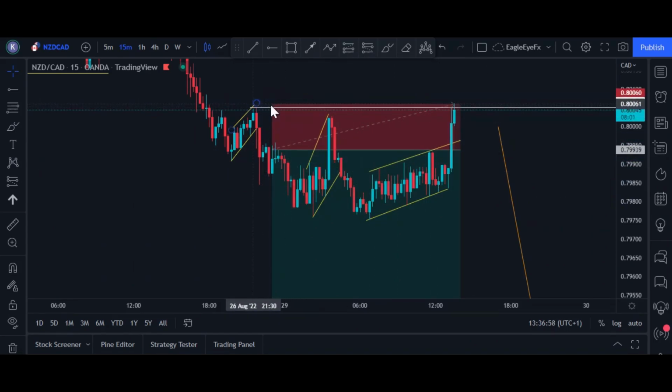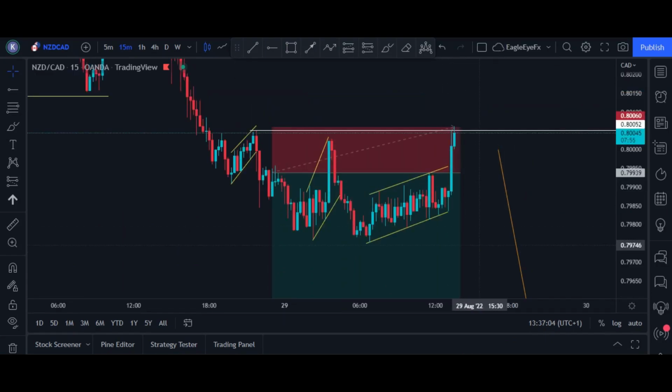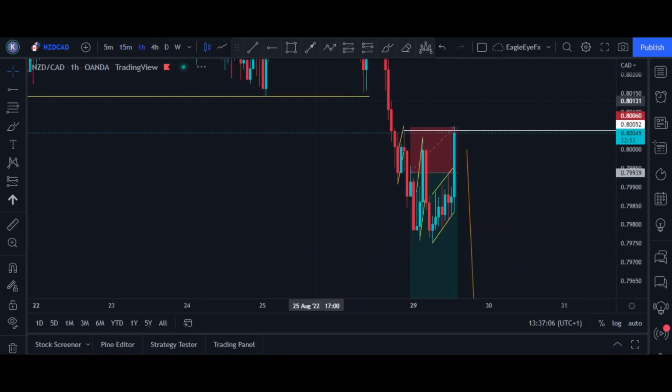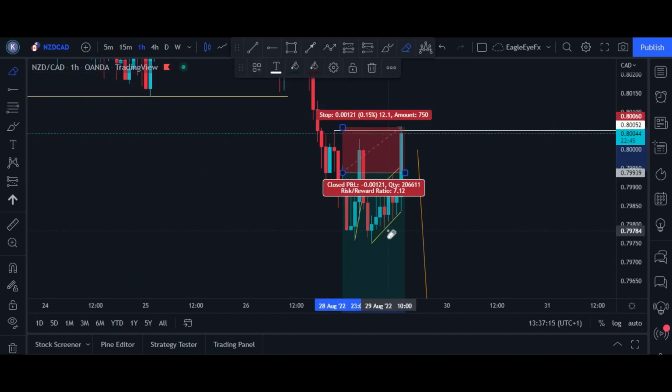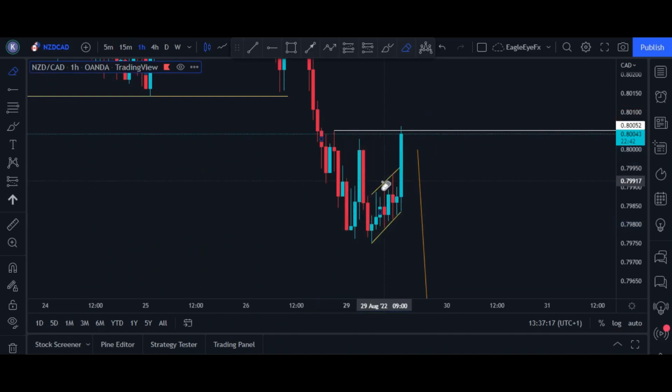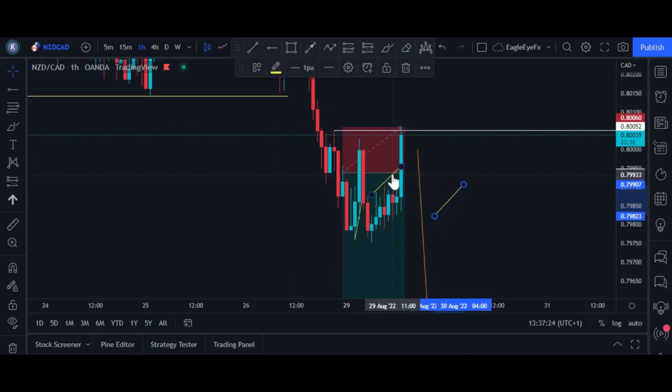It has come all the way to this level over there, then we are going to watch to see how this is going to play out. It's going to give us sells to the downside, because what could easily be happening here is, if I take these ones out, wait, I wanted to take these trend lines.